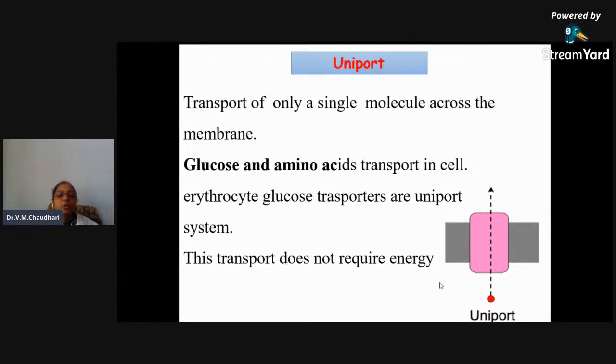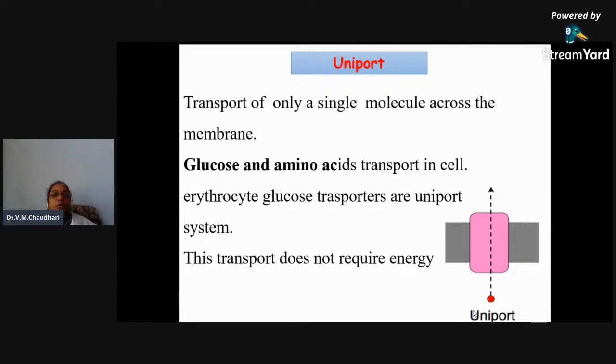This uniporter does not require any kind of ATP energy for the transport of the molecule. Only one molecule is transported inside, and this is known as the uniport mechanism.